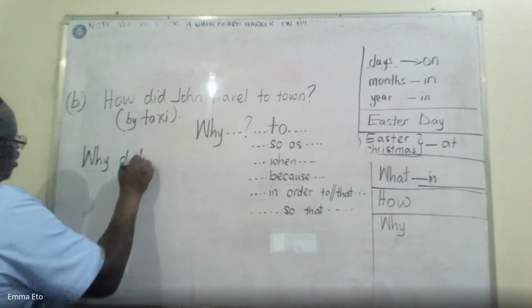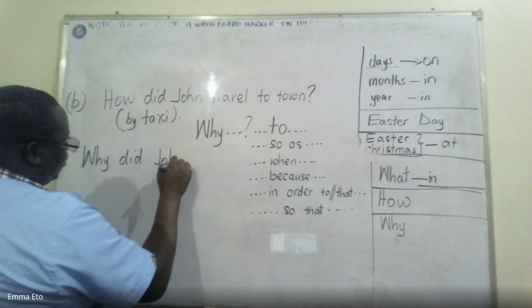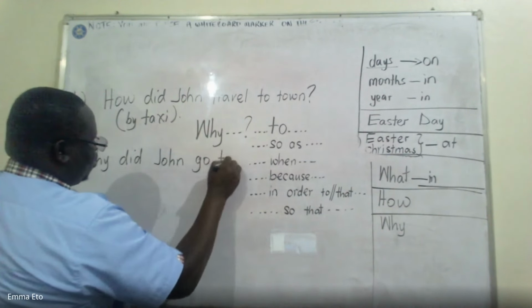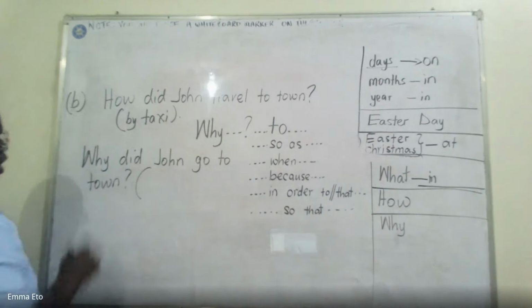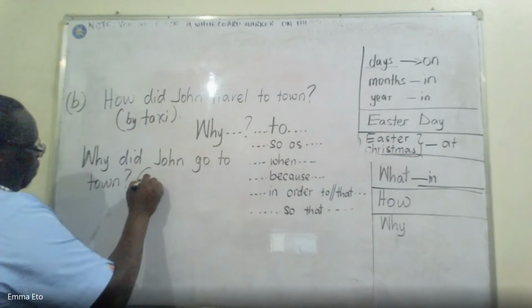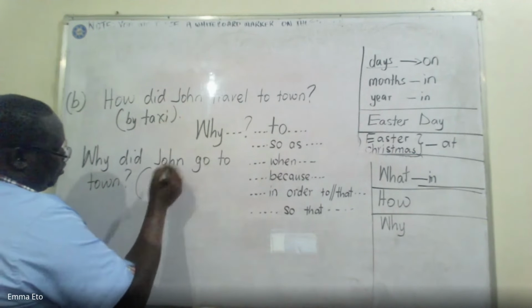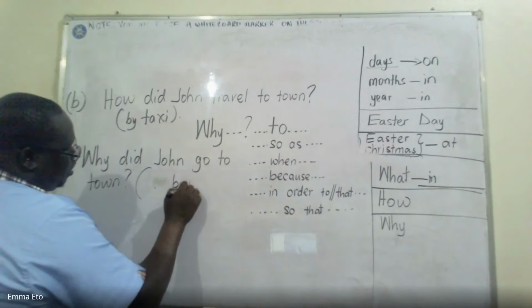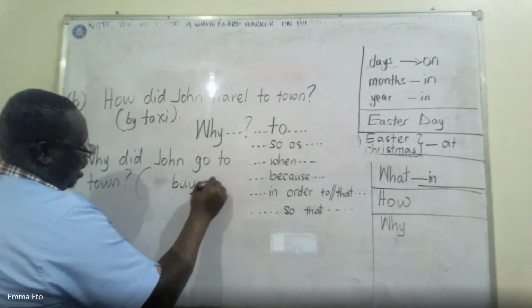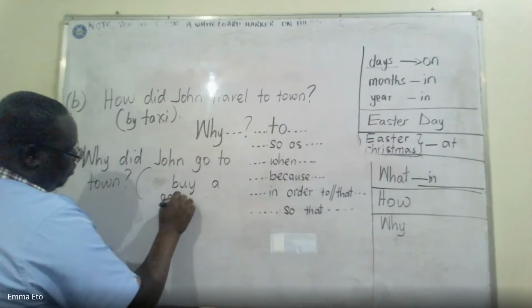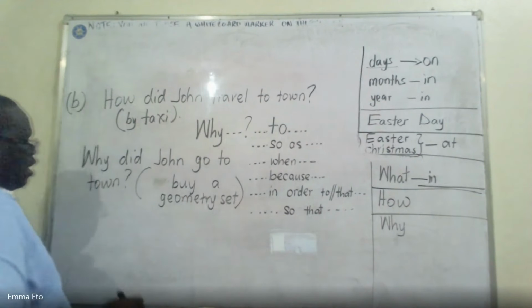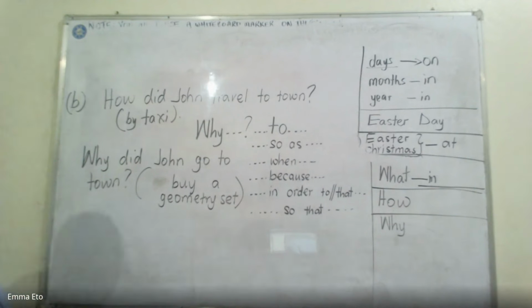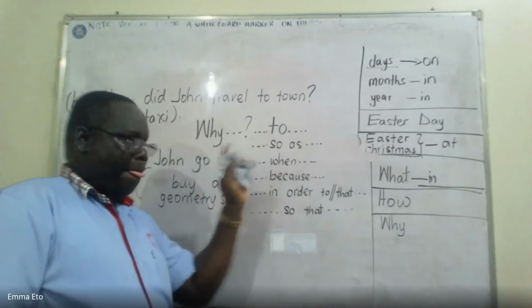And they have given us the idea, maybe to buy a geometry set. Now, there are many ways under which we can answer this question. Why did John go to town? I can use this to direct.